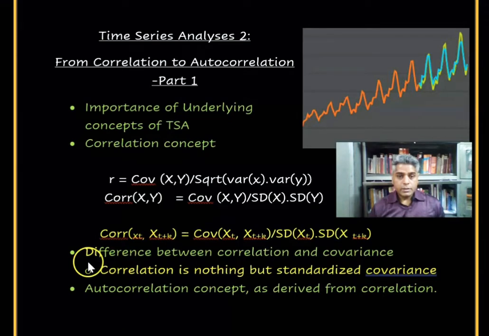We then discussed the difference between correlation and covariance, and most importantly that correlation is nothing but a standardized covariance. Further, we discussed the autocorrelation concept as derived from correlation, and that we'll discuss this in further detail in the subsequent videos.